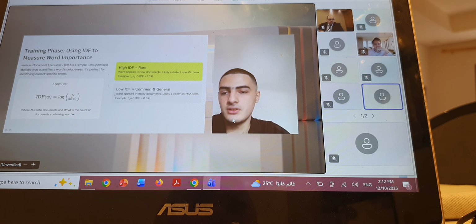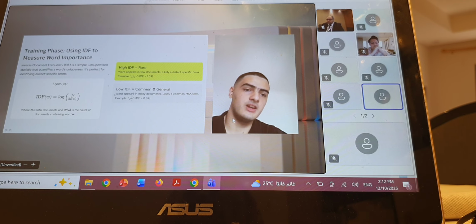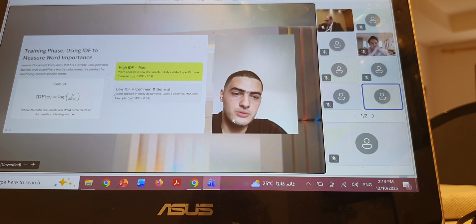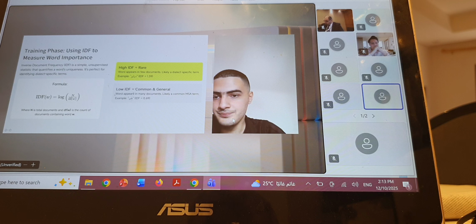So if our dataset is mostly MSA documents with some dialectal Arabic terms, the dialectal terms would have a high IDF, which is likely a dialect-specific term. One example would be Algiers, which would have a high IDF of 1.39. On the other hand, a low IDF would be common and general, likely a common MSA term, such as fi, in, which would have a low IDF of 0.69.